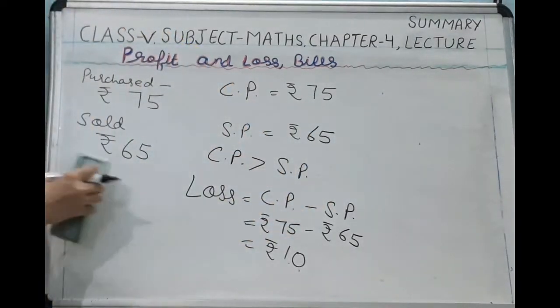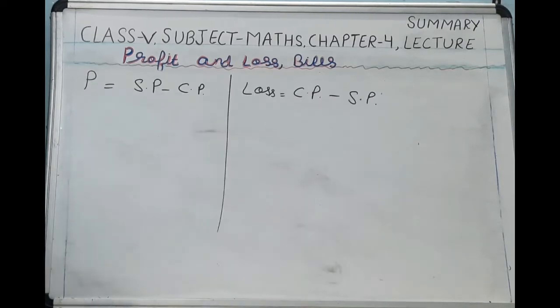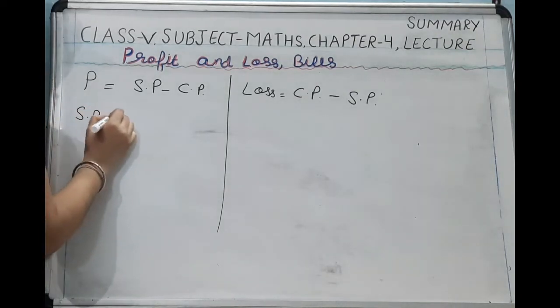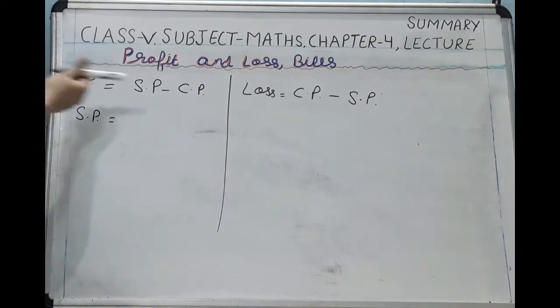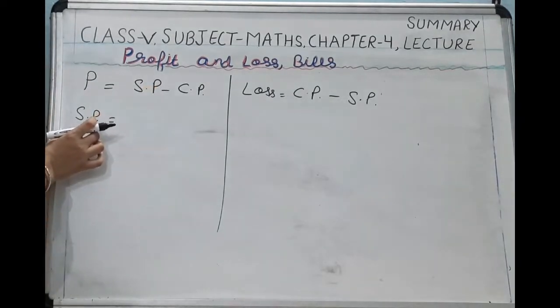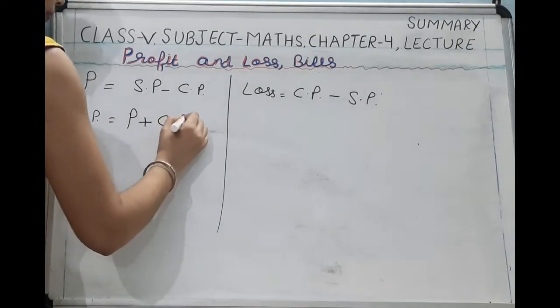So keep these things in your mind, because now I will explain you how to find out selling price and cost price. Okay. Now profit and loss we have understood. Now if it is asked to find the selling price, and cost price and profit are given, in this case we will take selling price separately and cost price will be shifted here.